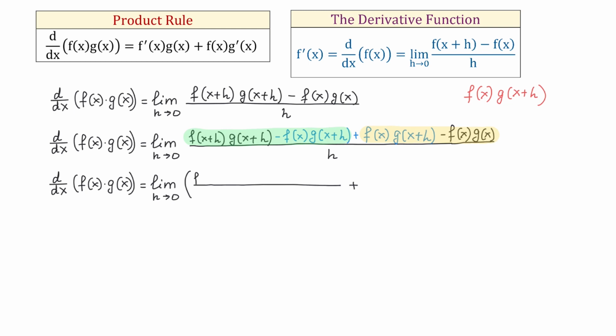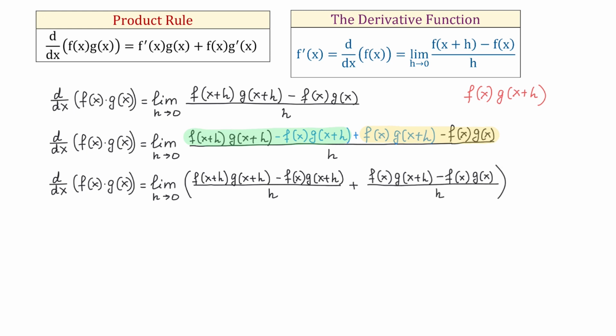And in the first one we will write f(x+h) times g(x+h) minus f(x) times g(x+h) all over h. And in the second fraction we will have f(x) times g(x+h) minus f(x) times g(x) all over h.